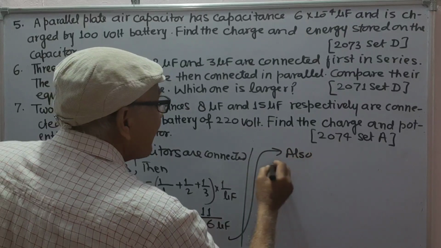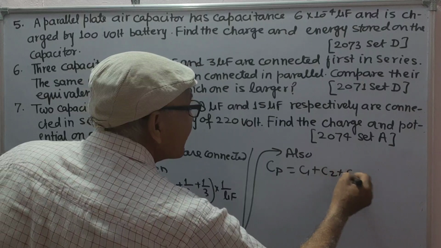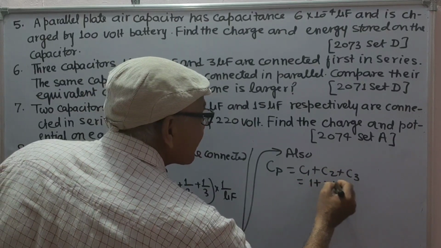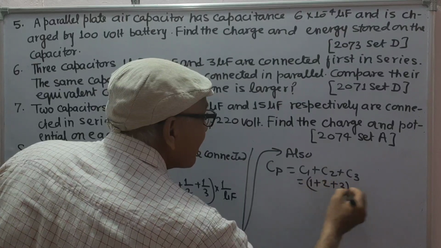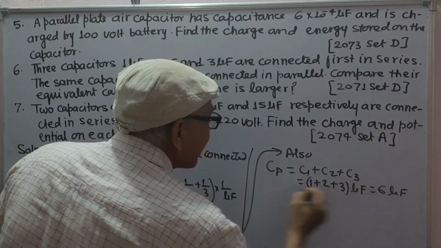Also, C parallel will be equal to C1 plus C2 plus C3, which is 1 plus 2 plus 3 microfarad, means 6 microfarad.